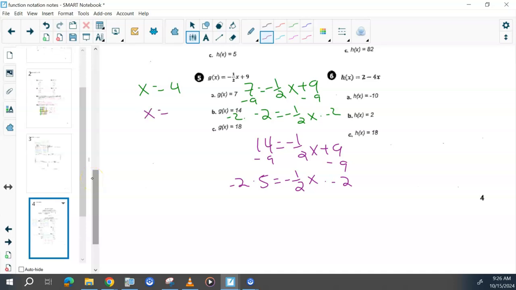When y is 14, what is your x value? Negative 10, yes. Okay. And then do the same thing for 18.